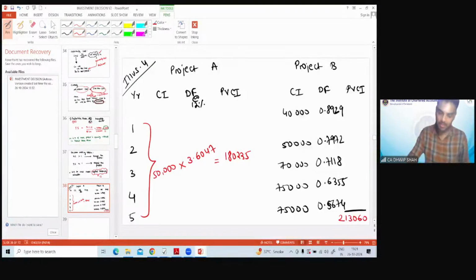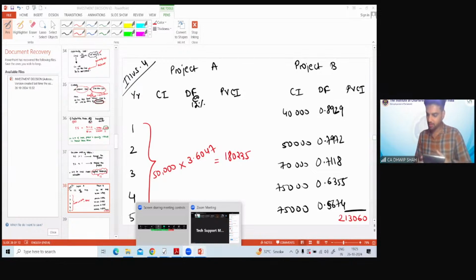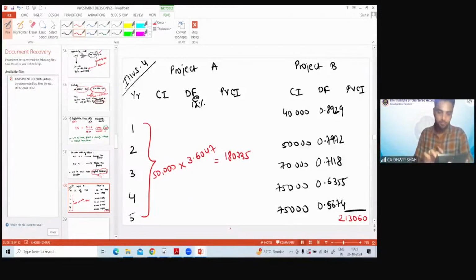Project B का PVCI is 213,060. मेरा 213 आया, so I have done some mistake in calculation. Let me check again.